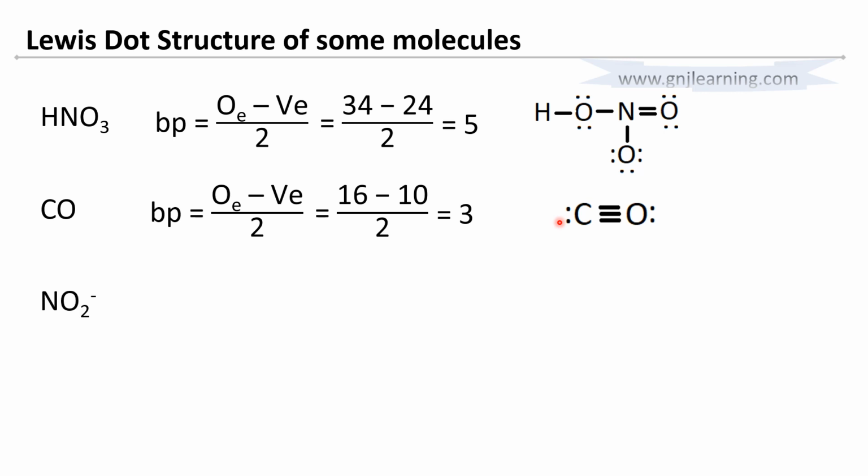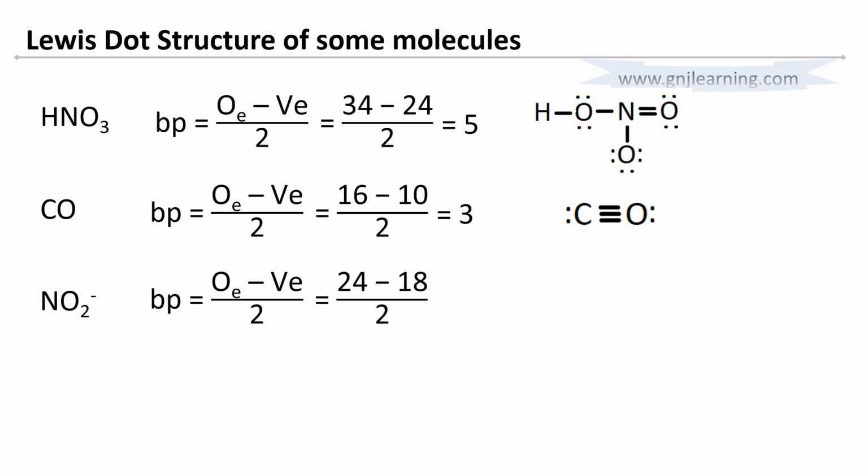Next is nitrite anion. Again we will look into the formula, OE minus VE, and if you substitute we get values like this. Let us see how we got the values. I have three atoms here. So if 3 atoms require 8, it will be 3 into 8, 24. And how did I get the value 18 here?